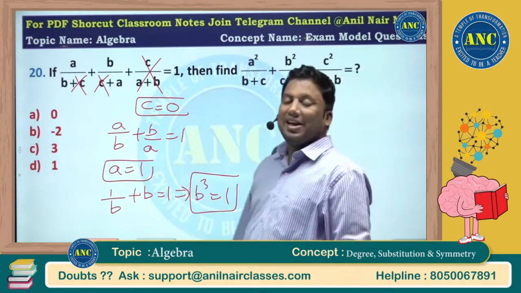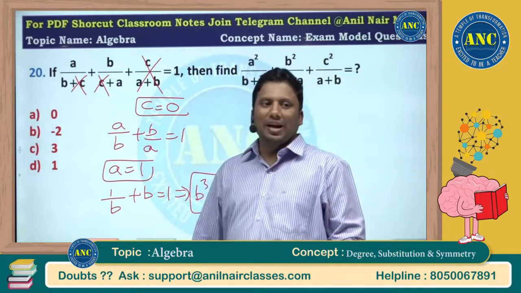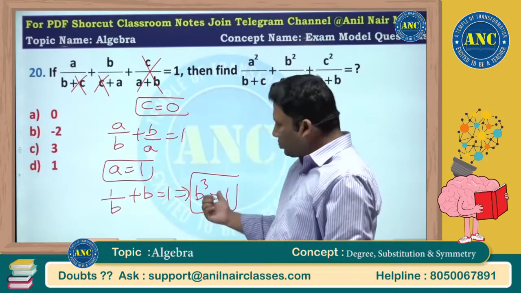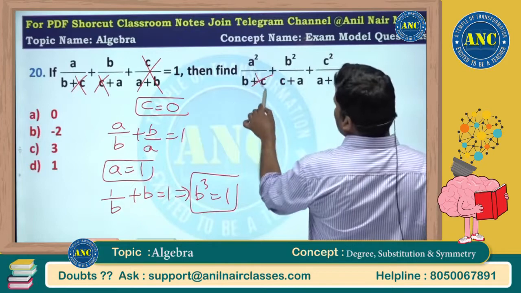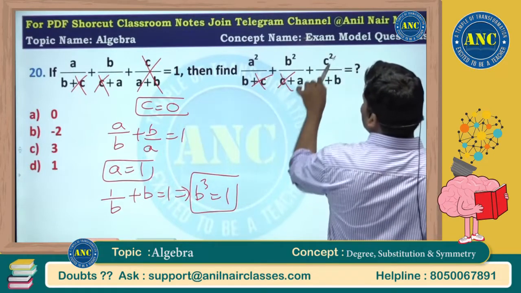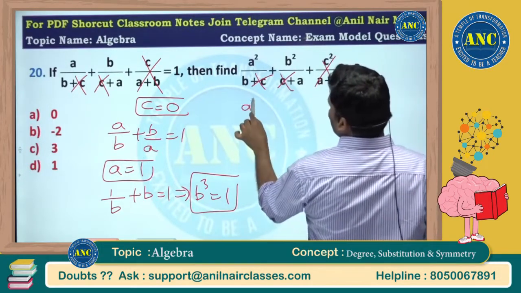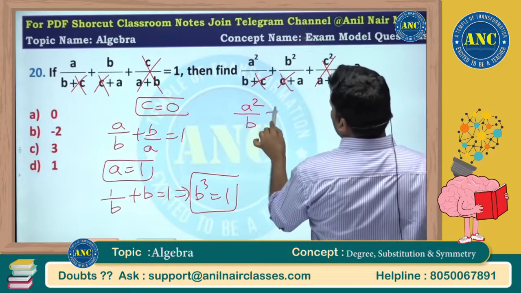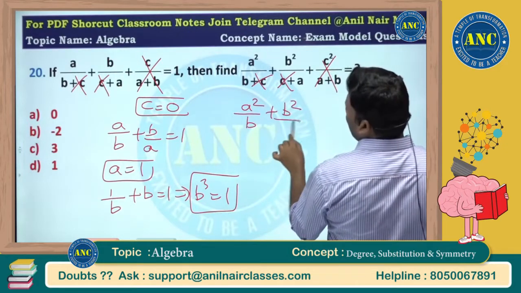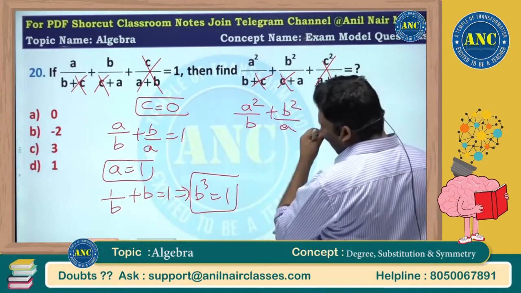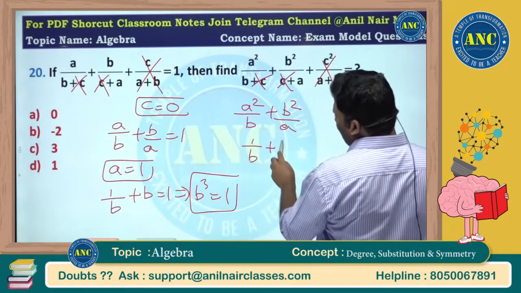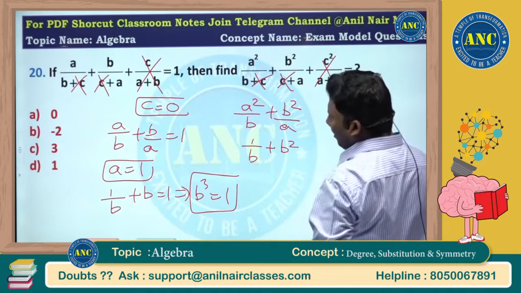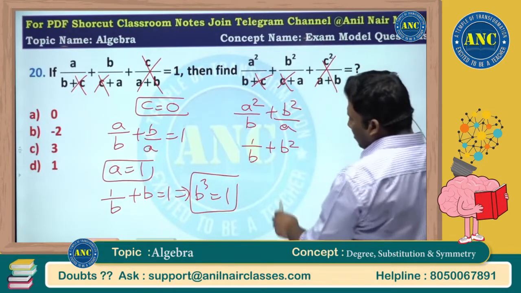Just now we have seen a cube minus b cube is a minus b into a square plus ab plus b square. Now here c value is 0, so this is a square by b plus b square by a. Here again a value is 1, so 1 by b plus b square.